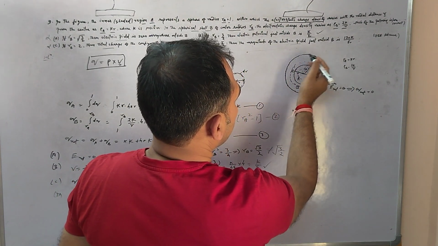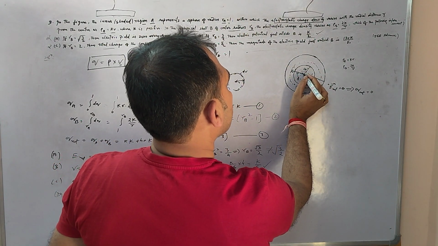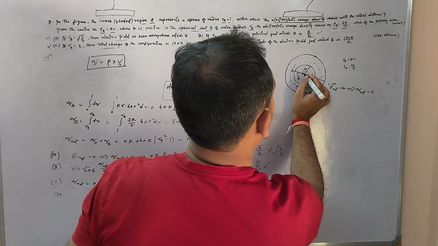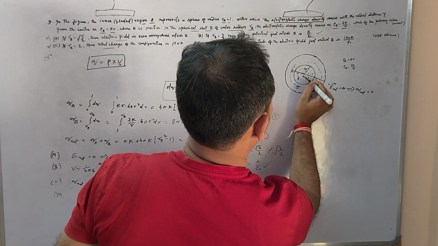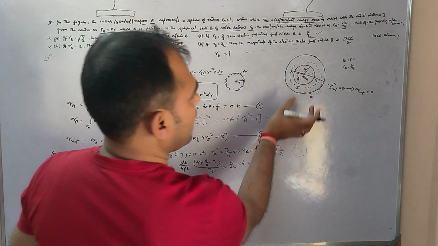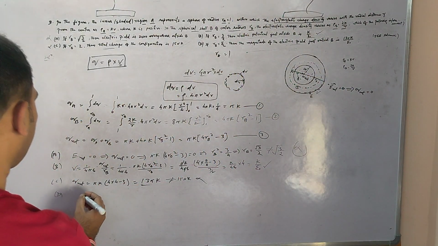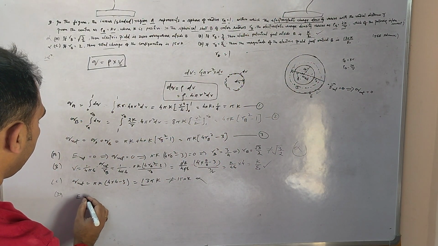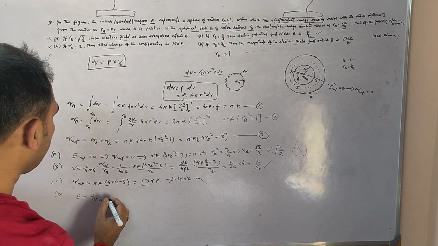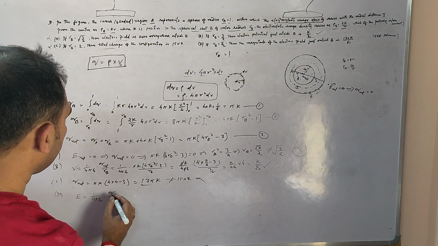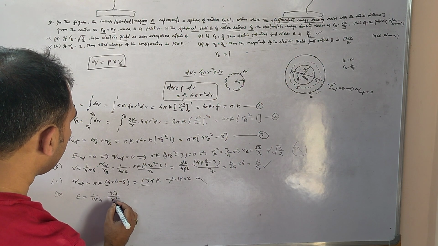So Q net will be considered as concentrated at the center, and this will be distance RB from here. So what will be the electric field? This will be 1 by 4 pi epsilon naught into Q by R square. Q is Q net and R is RB.